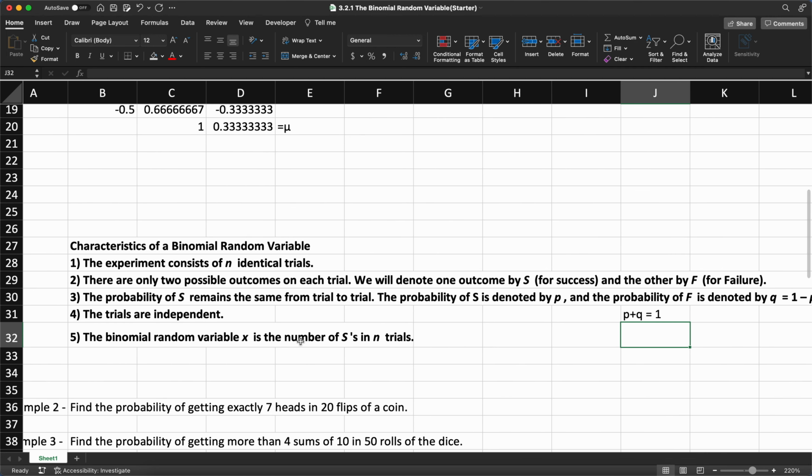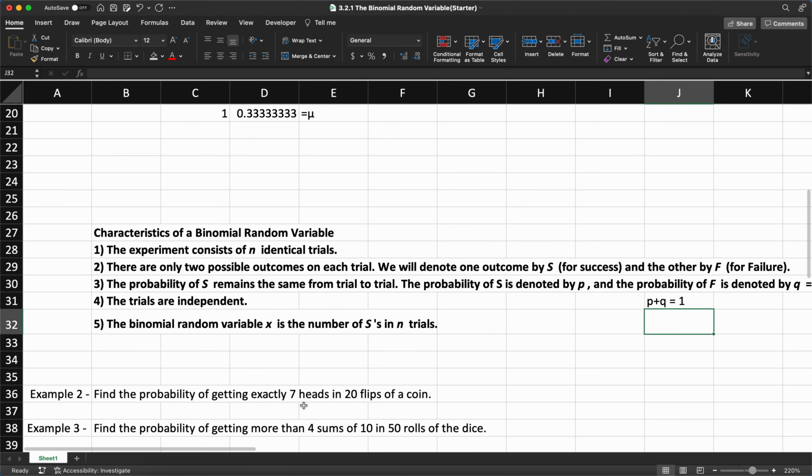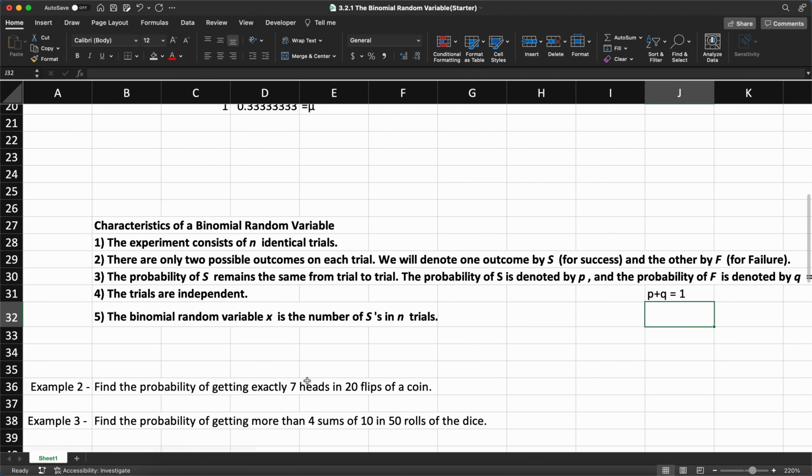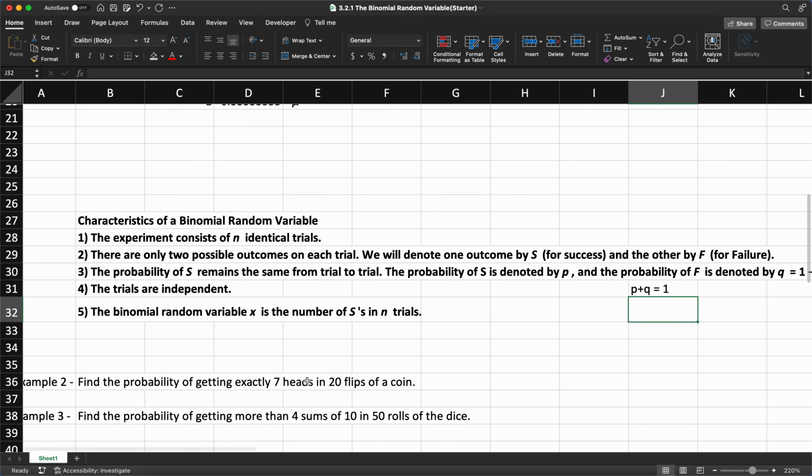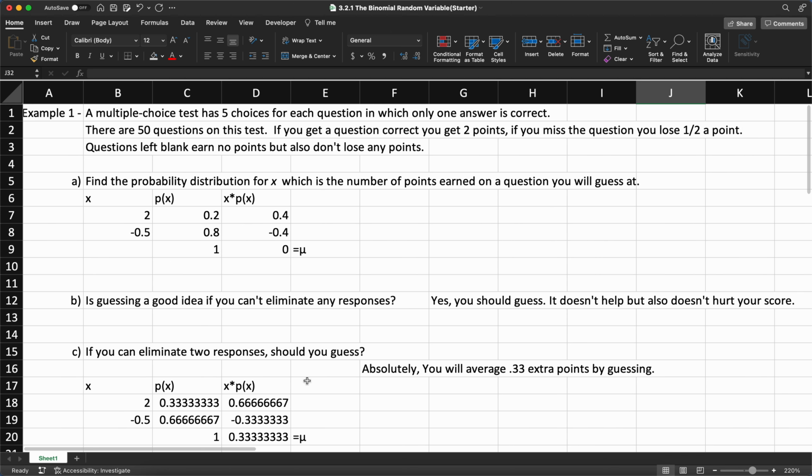All right, so let's look back at the first example and determine whether or not this is a binomial random variable. So it looks like we could define X as something different, like the number of questions we get correctly, or we get the question correct, and then the failure would be we don't get the question correct.